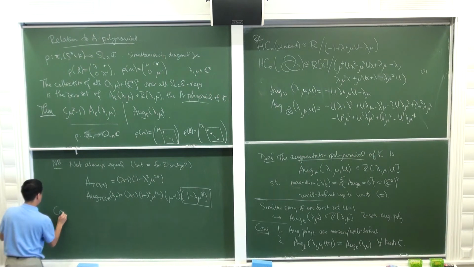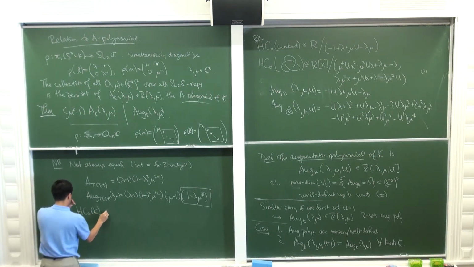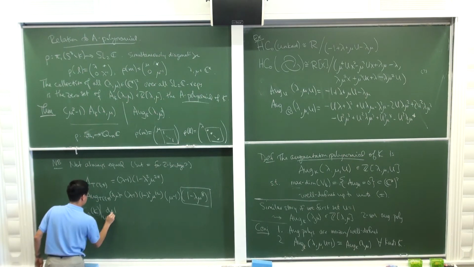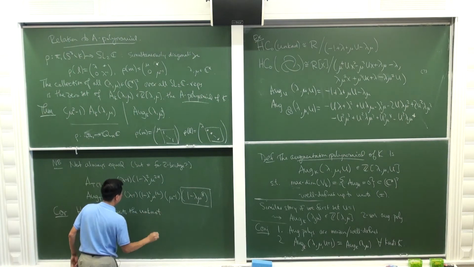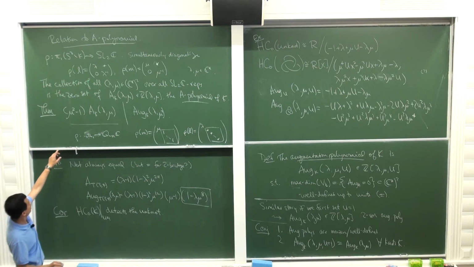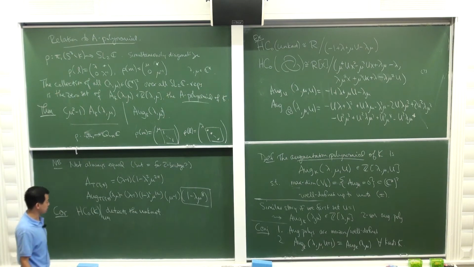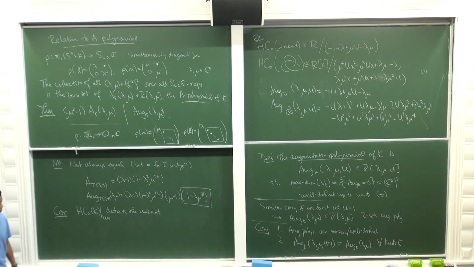Corollary. So this is a corollary that we already saw yesterday. So the point is that for any knot that's not the unknot, the A polynomial is non-trivial. So this is a result of Dunfield and Garoufalidis building on work of Kronheimer and Mrowka.